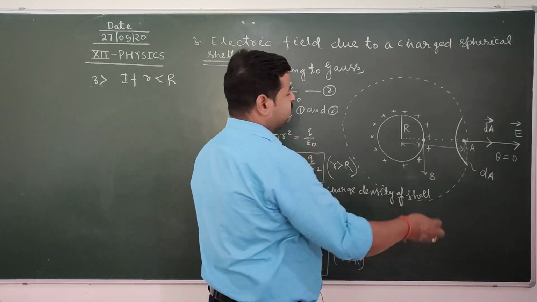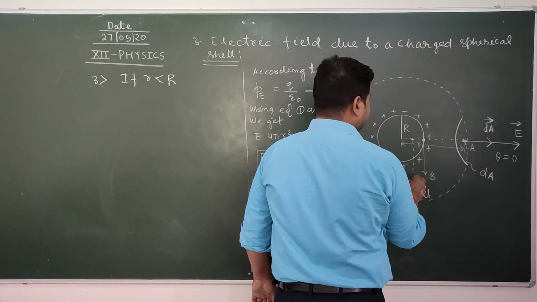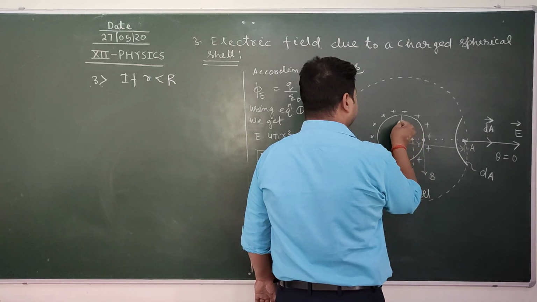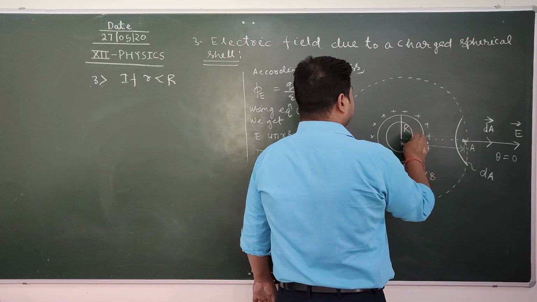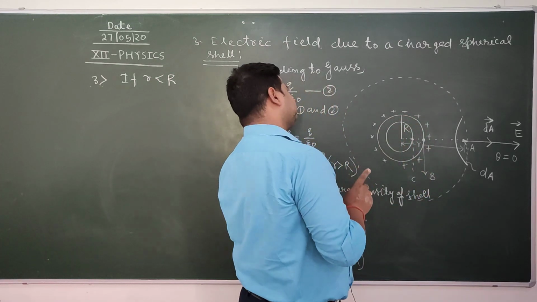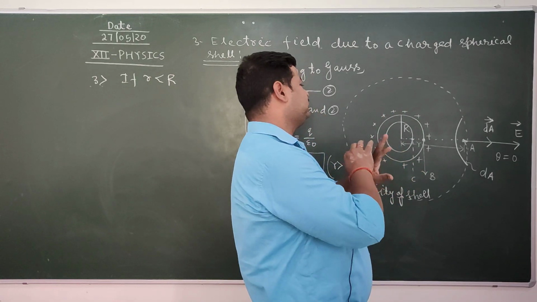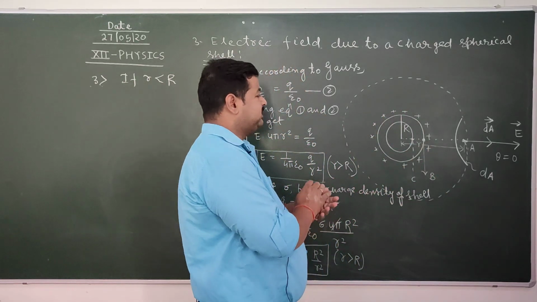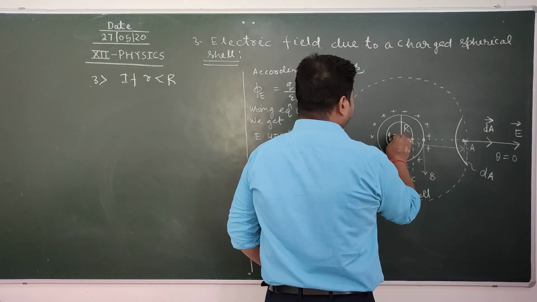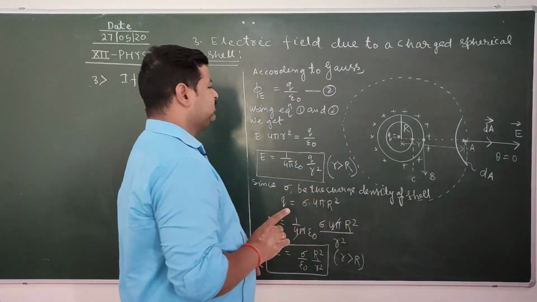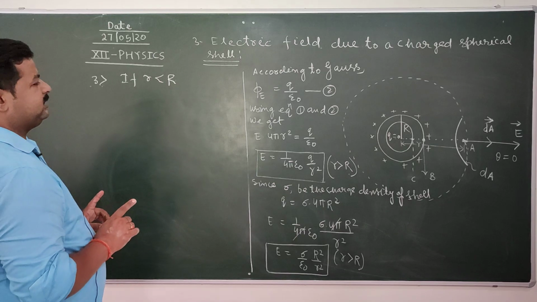So if we assume a point inside the cell, this point is assumed to be point C. So here we draw a spherical imaginary surface. If charge is given to the surface of the cell, that charge will be uniformly distributed on the surface, not inside the cell. So inside the cell the charge becomes 0. Clear? So by using this concept, we calculate the electric field.